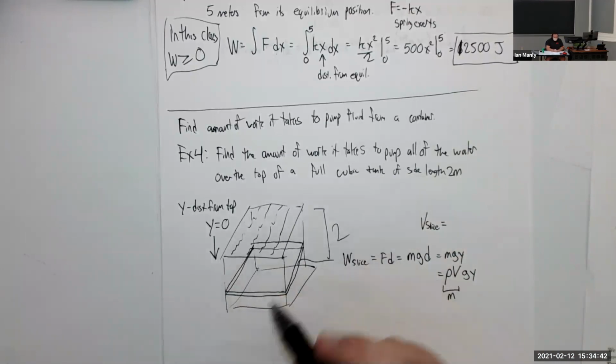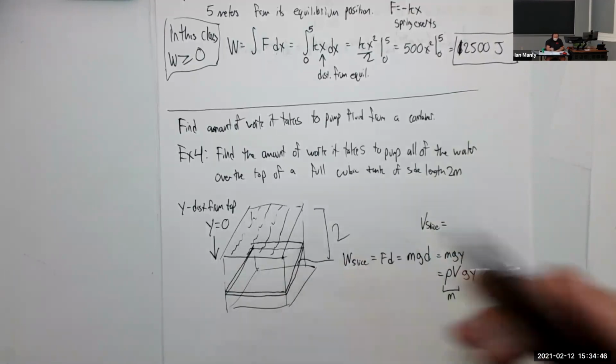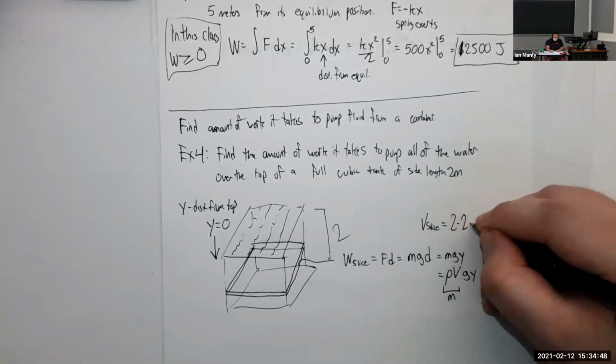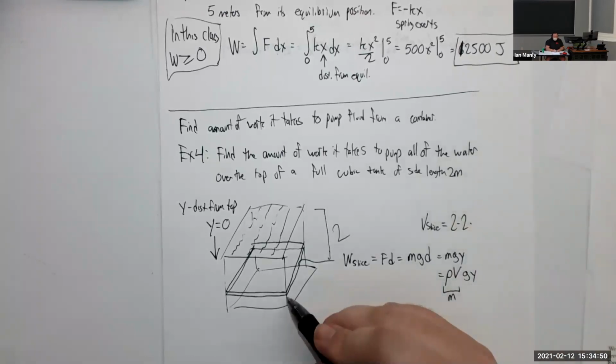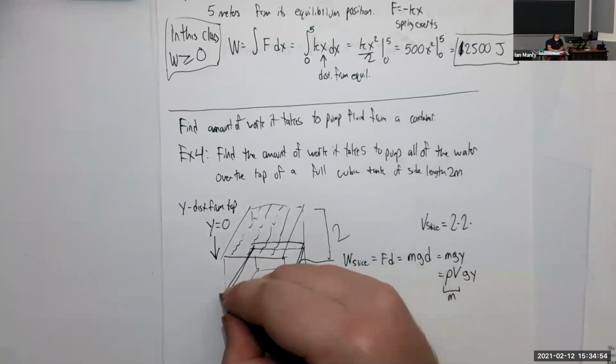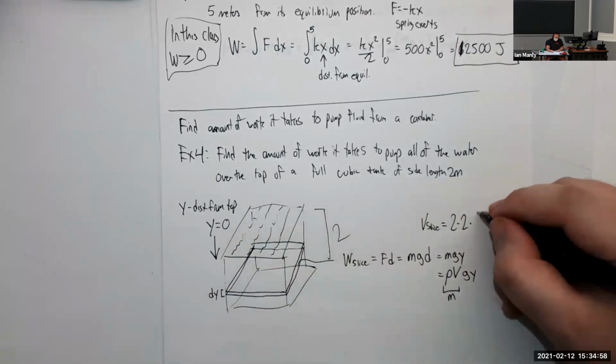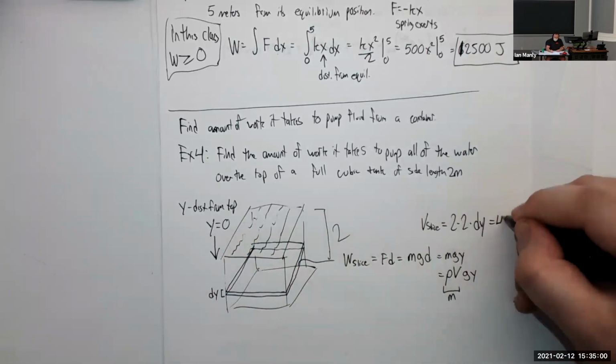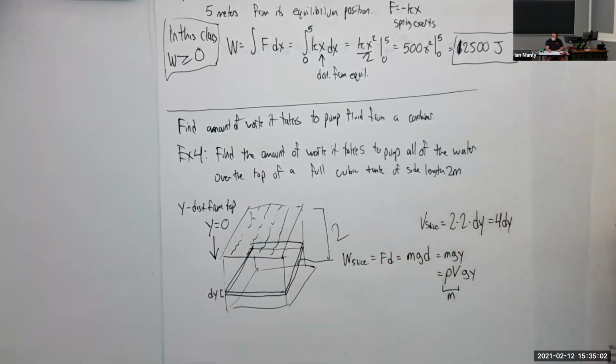So the volume of this is going to be its length, which is 2, times its width, which is 2. And then what's the height of this going to be? What do you think I'm going to call the height of this? dy, that's right. This is a tiny change in the y direction, so this is going to be dy. So the volume of our slice is going to be 4 dy.